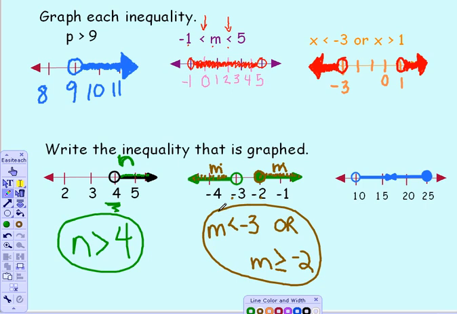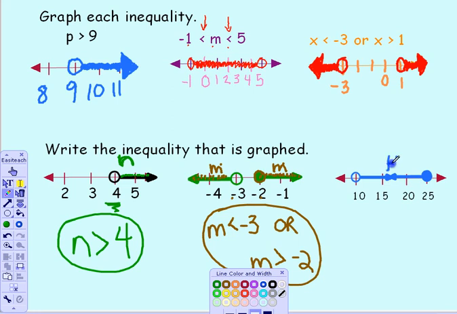In the third example, we've got our variable in between two numbers. So here again it's a compound inequality, and maybe this time we'll say k is between two numbers. In this case it's between 10 and 25.